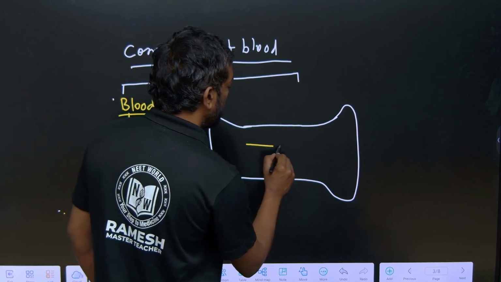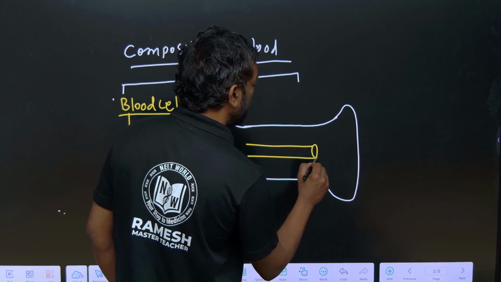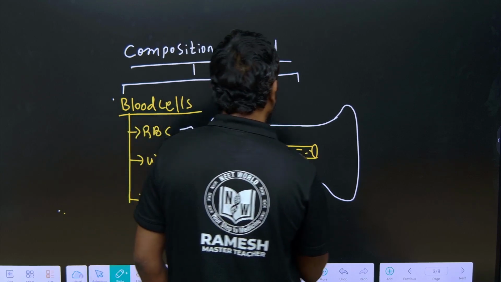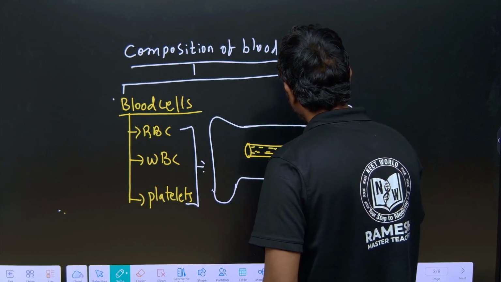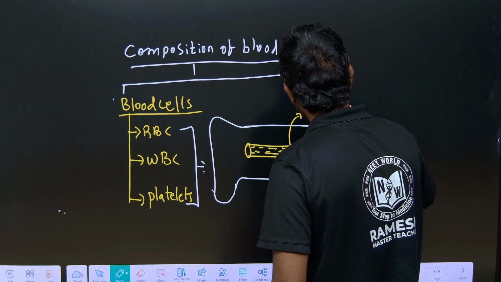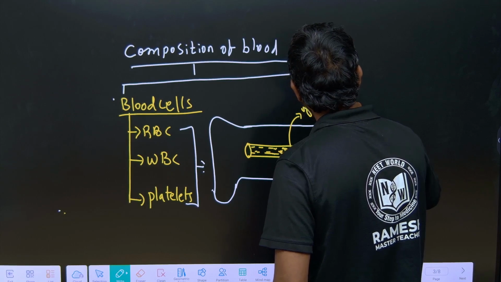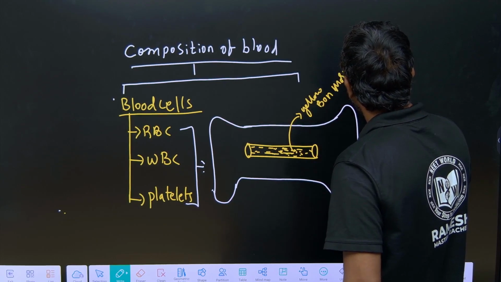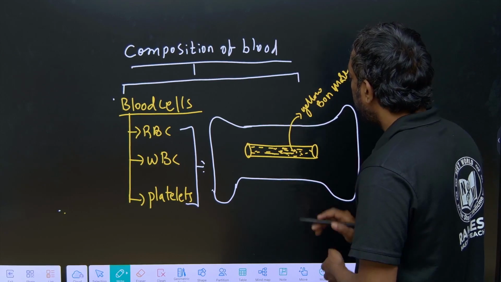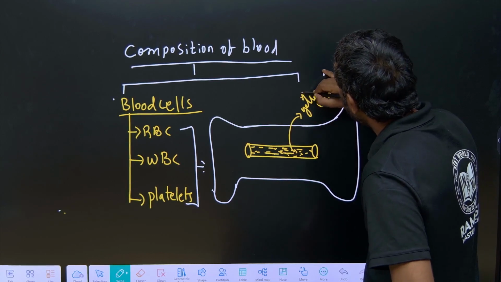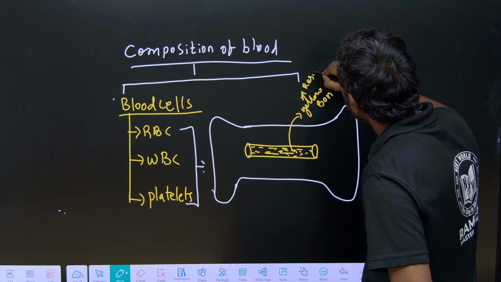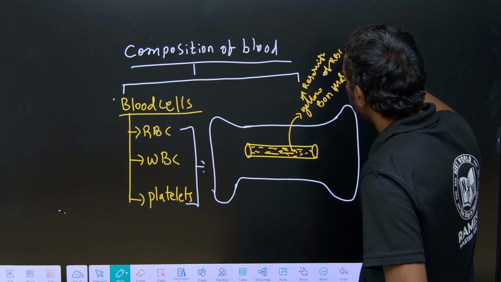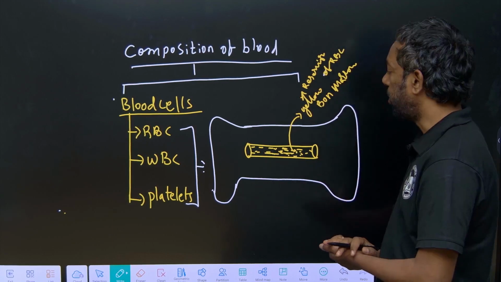This is the medullary part of the bone, the center part. We can call it yellow bone marrow. Yellow bone marrow is a reservoir of RBC.